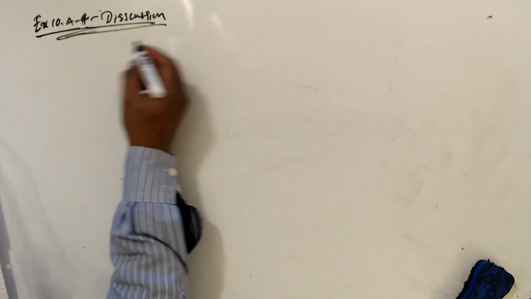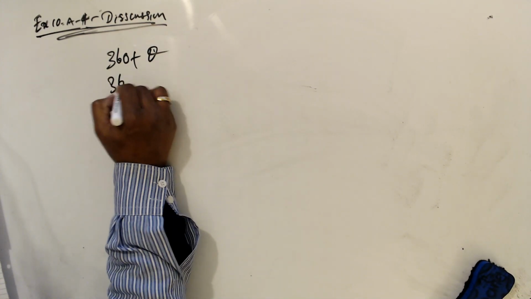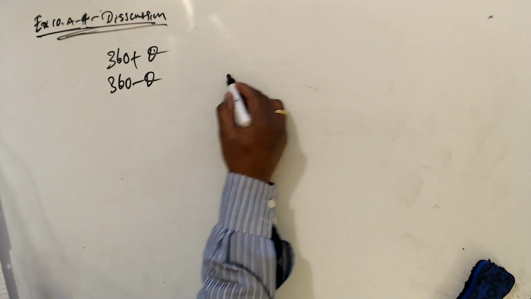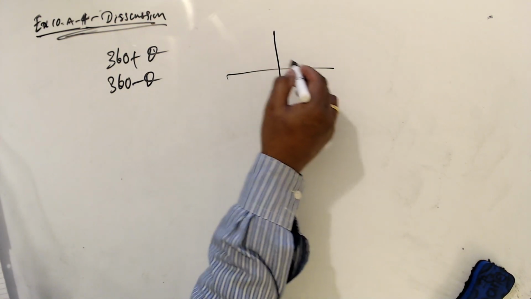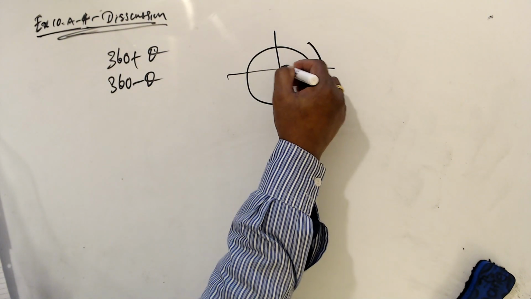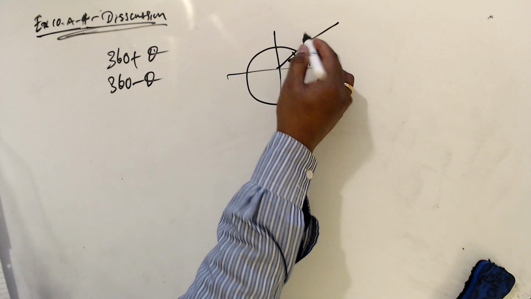Now we'll discuss 360 plus theta and 360 minus theta. So 360 plus theta: you go 360 and another theta amount. So you are in first quadrant.